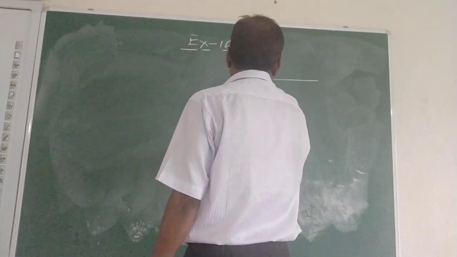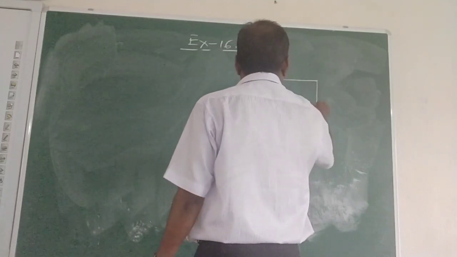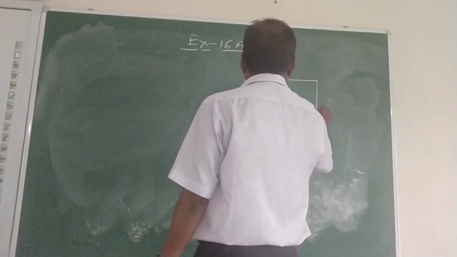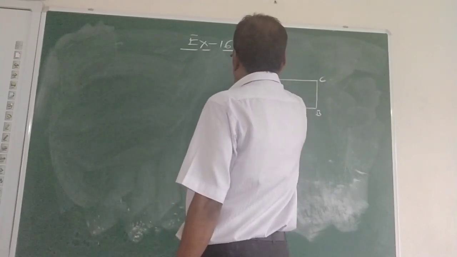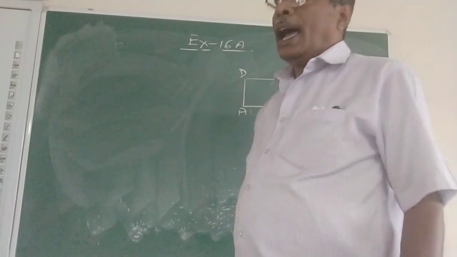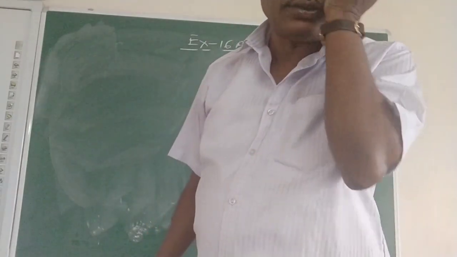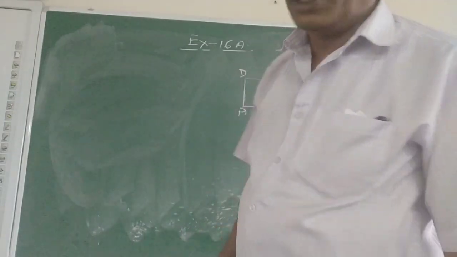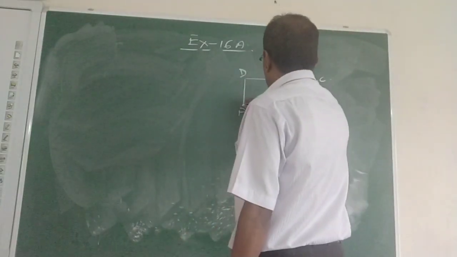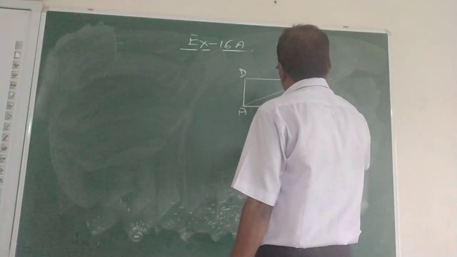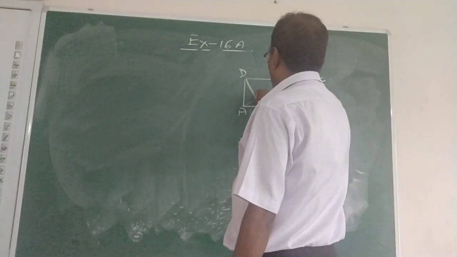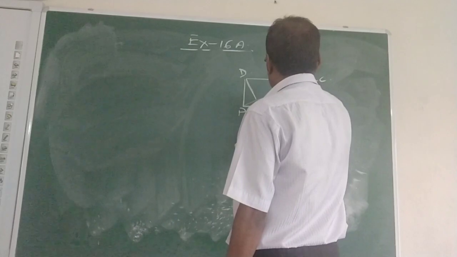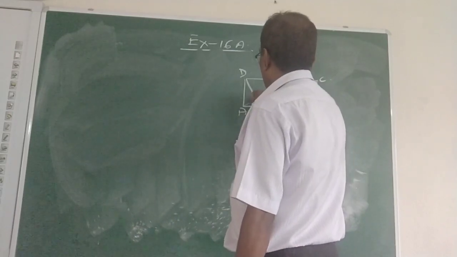What is a rectangle? That has been explained already, so I am not going to repeat all of this once again. ABCD is a rectangle. And then it is required to draw in the adjoining figure BM and DN perpendiculars from B and D on AC. AC is a diagonal. Then BM and DN, two perpendiculars, it is required to draw.